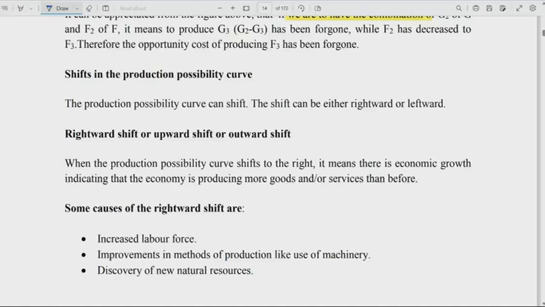So because of that, we are now able to produce more. Even though maybe the labor was small, because we're mechanizing everything, we can produce more. It means that it will shift the curve to the right.